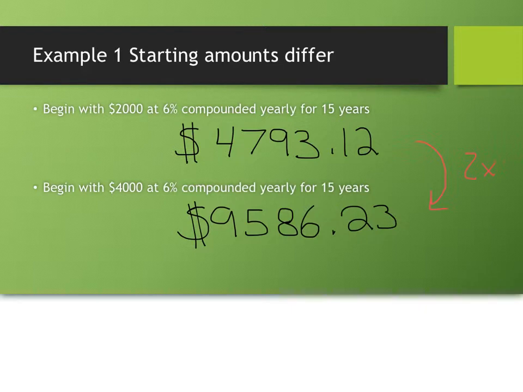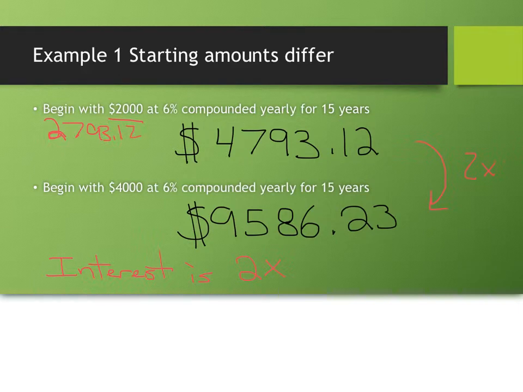Okay? And also, just to make this point clear, the amount of interest is double as well. In fact, it's exactly double. In the first case, the one where we had 2,000, if you take 4,793 and 12 cents, subtract the 2,000, you'll see that the interest was 2,793 and 12 cents.